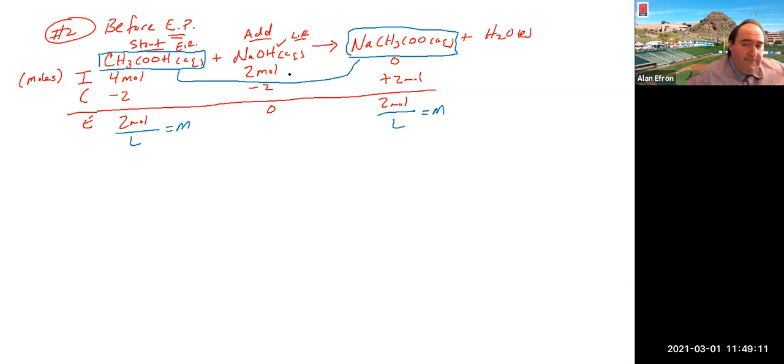Hopefully you'll recognize that they are. That's acetic acid, that's sodium acetate, a weak acid and its conjugate base. That is also known as a buffer. So don't overlook the information in those ice tables. They can definitely help you, especially if you're in the middle of the problem and not sure where to go next or what's happening.